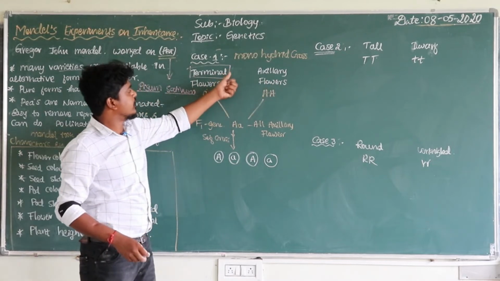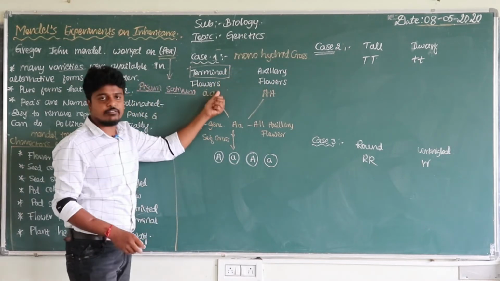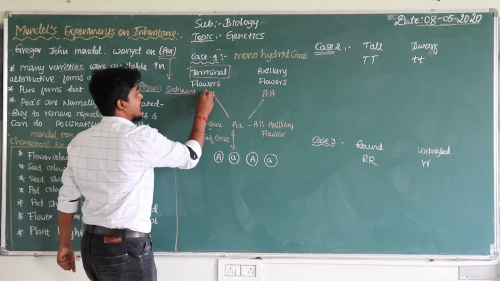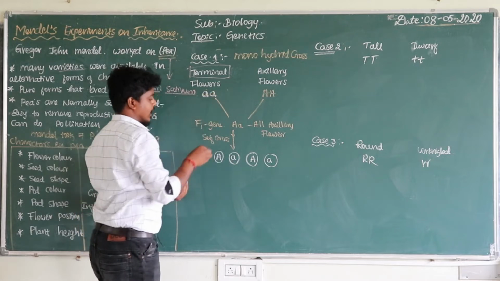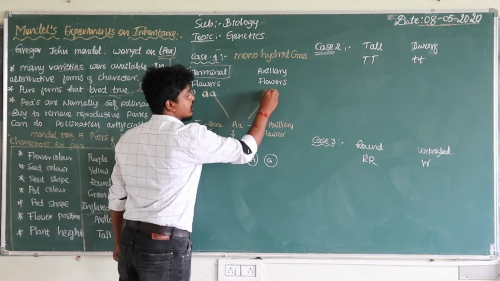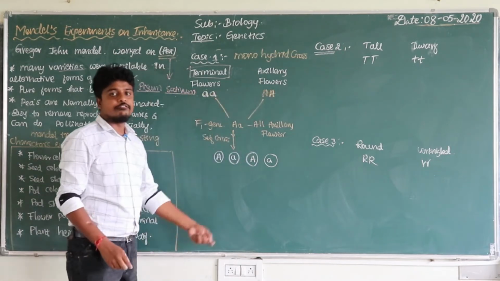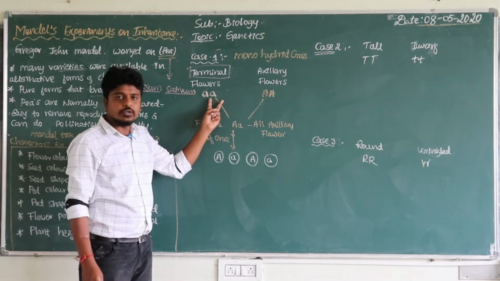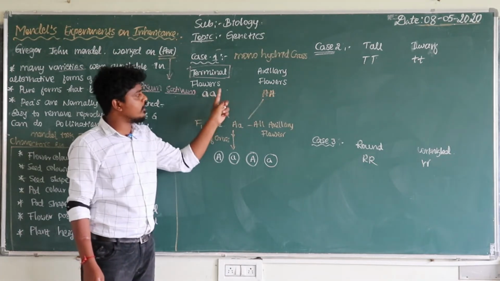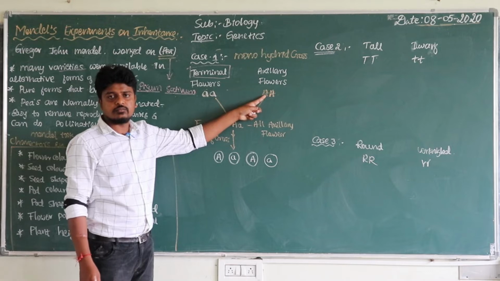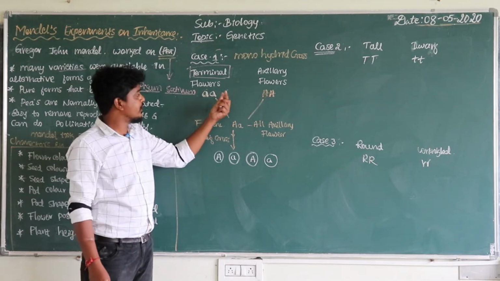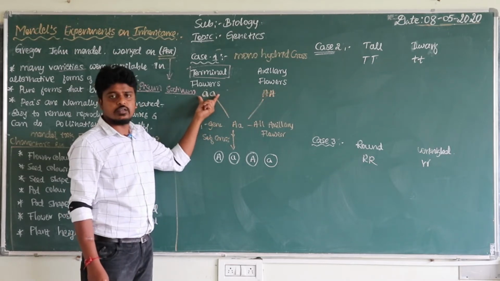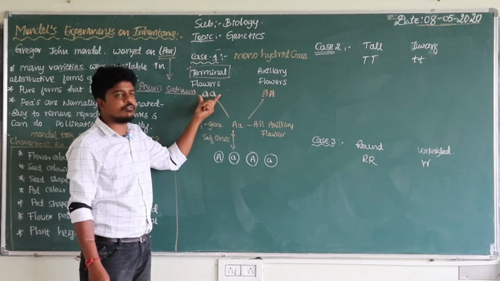See, you know the terminal flower, the traits will be denoted by small a and the axillary flowers are denoted by capital A. When you have the homozygous pair of the trait, you can take only the one letter. Have you understood? You need not take both the two letters, whatever you have, the same type of letters.